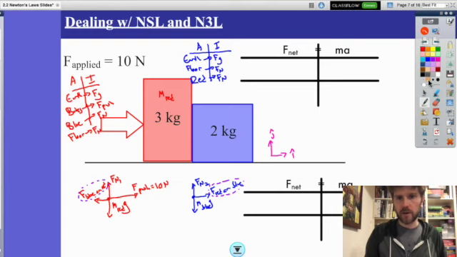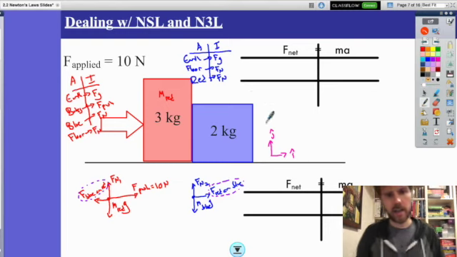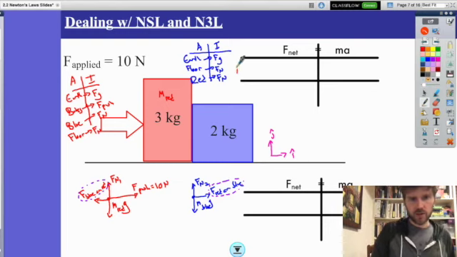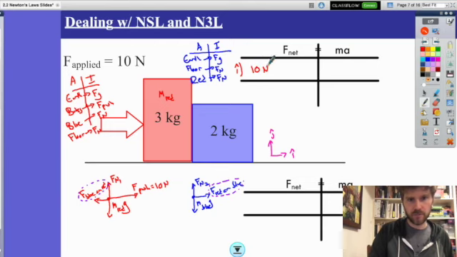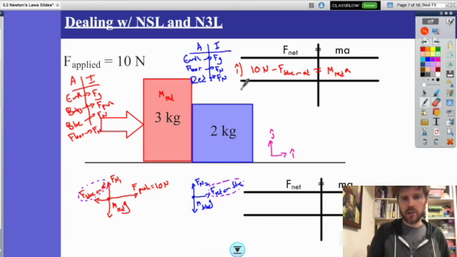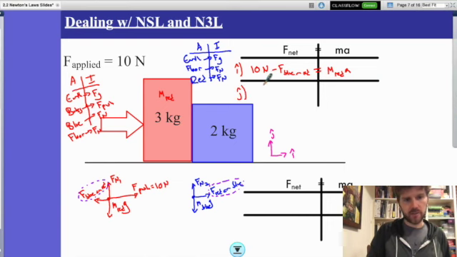So let's go for my red box. I get in the i hat direction, let's see. So if I focus on my x direction for my red box, I've decided right is the positive direction. So I have my 10 Newton push minus F blue on red equals M red A. In the j hat direction, actually I have something that's pretty boring.